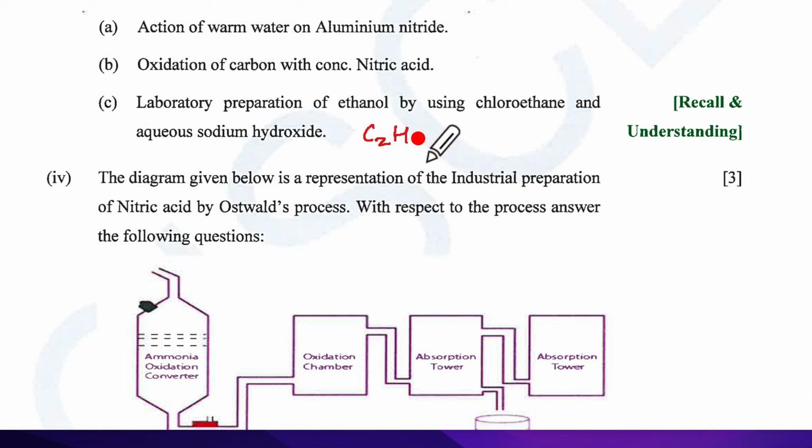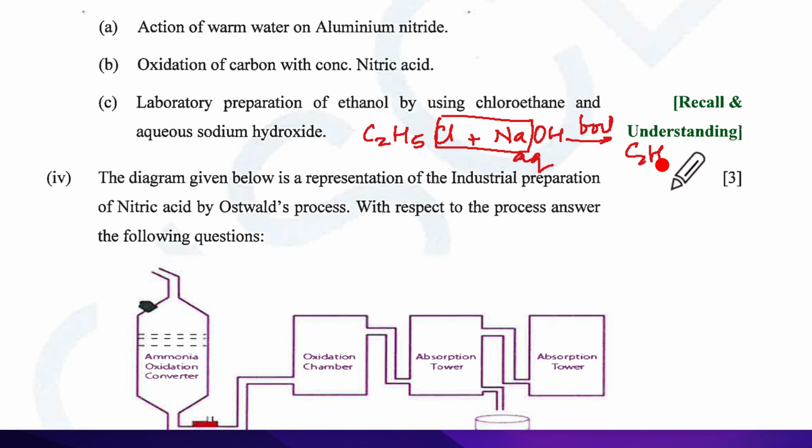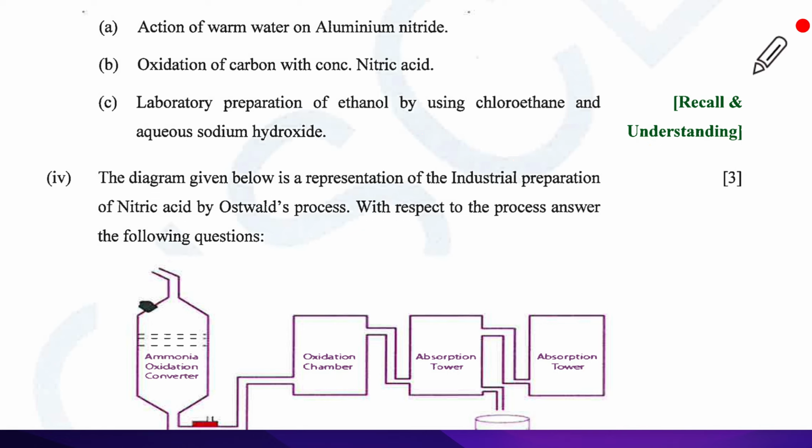Chloroethane means ethyl group is C2H5 and Cl, and we are taking NaOH, which is aqueous, and then we have here boil. So aqueous NaOH is going to give you alcohol. How? It is going to go this way. So it will be C2H5OH plus NaCl. So that will be our reaction. So you see, what are the important questions, how to tackle them? This is very, very important.